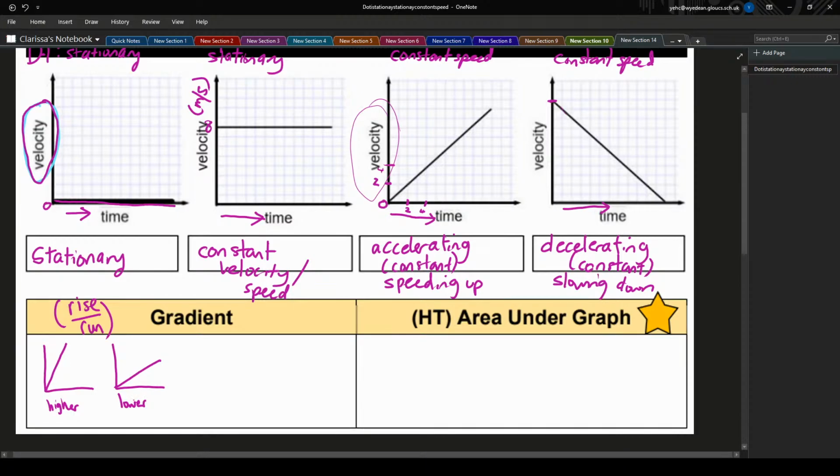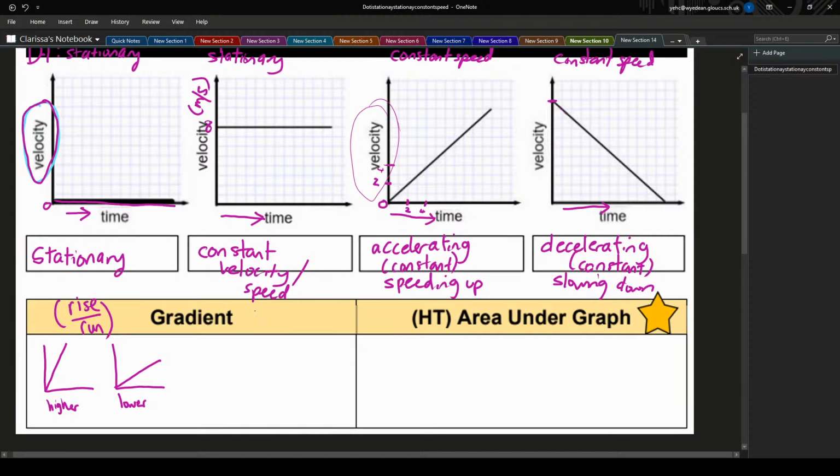Okay, so what does the gradient mean then? One thing I want you to notice is that, remember, the gradient is calculated by rise divided by run. Rise is the change in the y-axis and run is the change in time, the change in the x-axis.